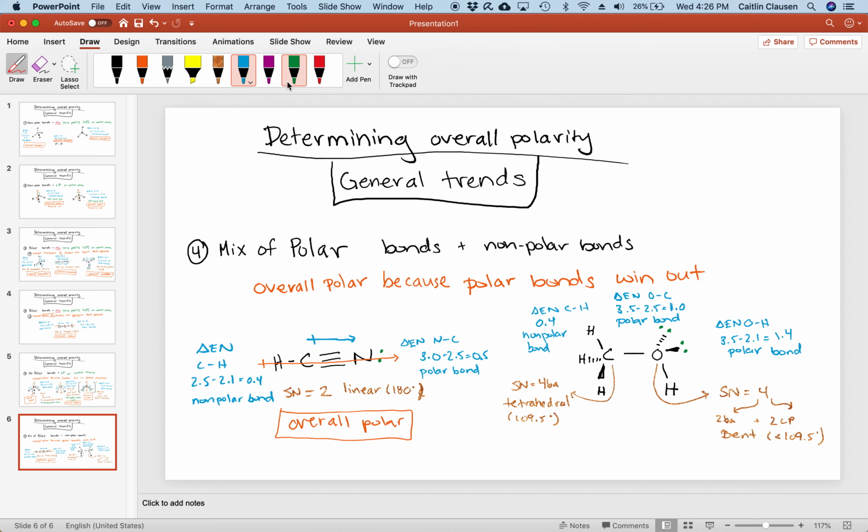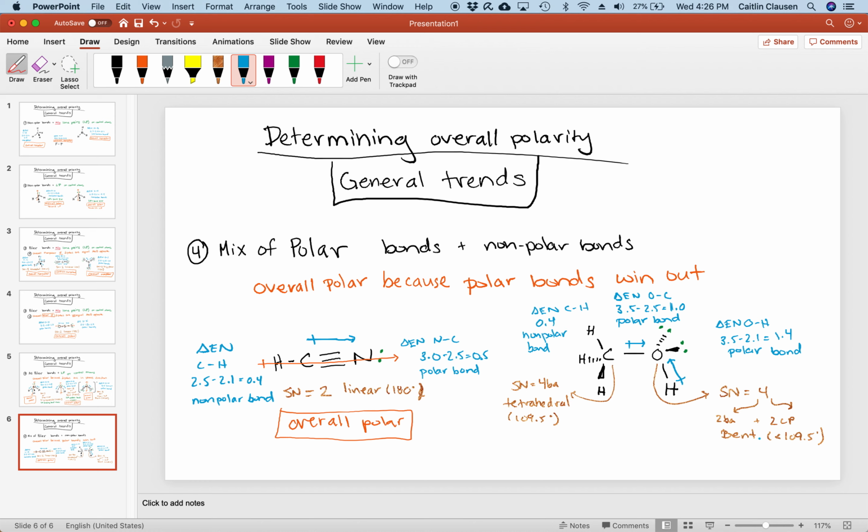Now I'm going to put in the vectors. None for the carbon-hydrogen bonds because they're nonpolar bonds. For the carbon-oxygen, it's going to go towards the oxygen, away from the carbon. And for oxygen and hydrogen, it is definitely going towards the oxygen a little bit more than the carbon-oxygen, because it's 1.4 versus 1.0.